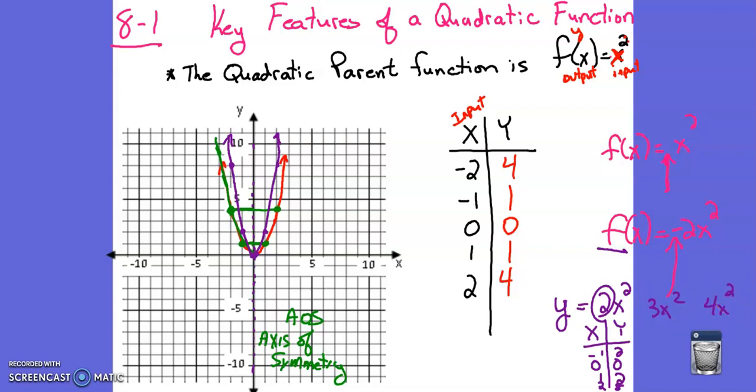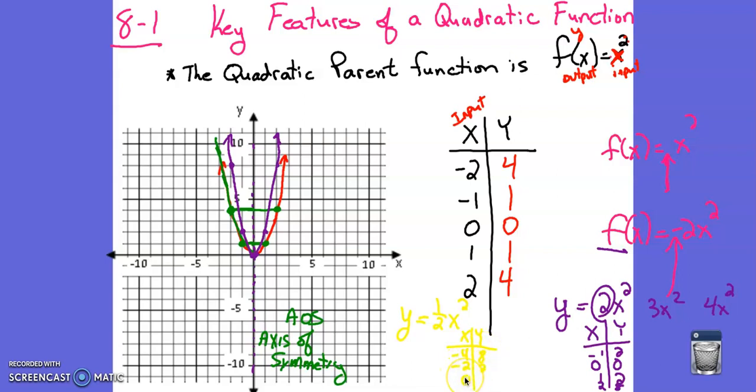Well, just the opposite. What if I had, let me use a yellow, y equals 1/2 x squared, and I made an xy chart from that? I'm going to end up with a wider parabola. For the yellow, if I plugged in -4, I would get 8. If I plugged in -2, I would get 2.